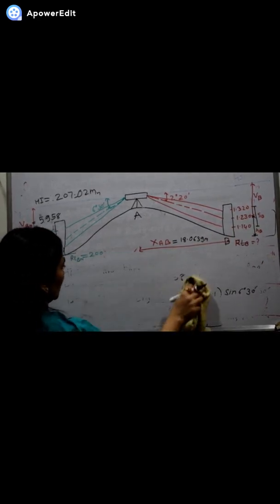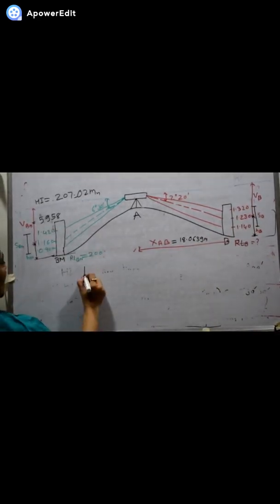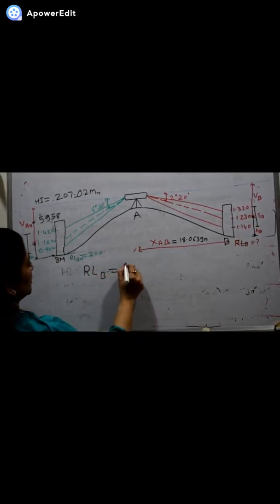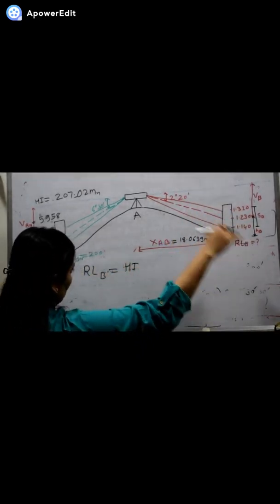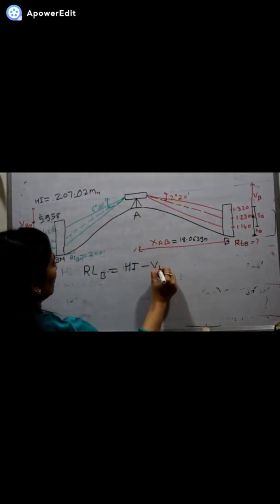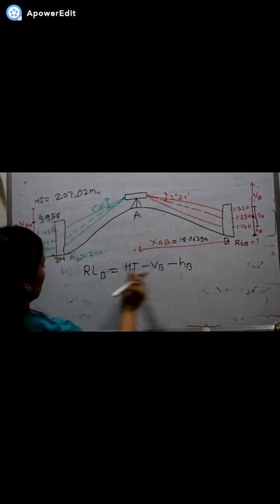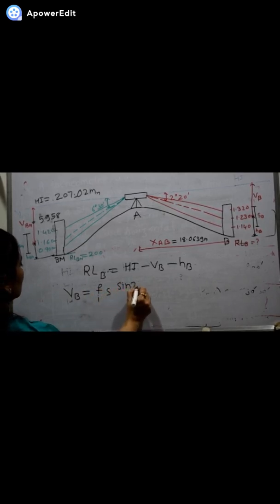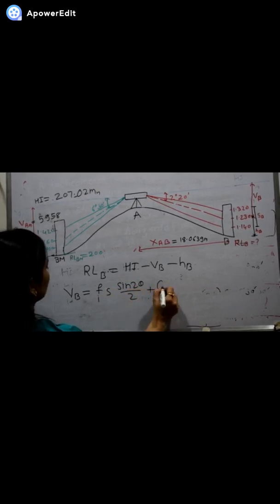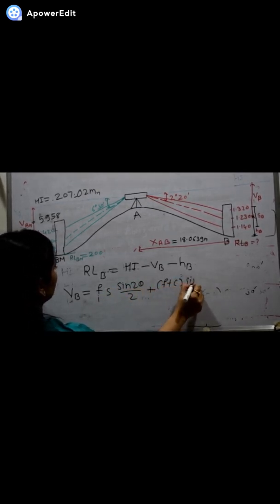So the formula for RL of B is RL of B is equal to height of instrument minus, because we are going down, minus V of B minus H of B. We know HI, we know HB, we need to find the VB. Same formula we are going to use which I have shown for the vertical distance: F by I sine 2 theta by 2 plus F plus C sine theta.